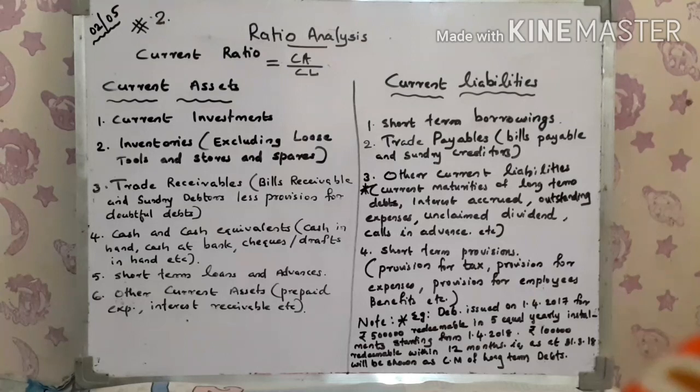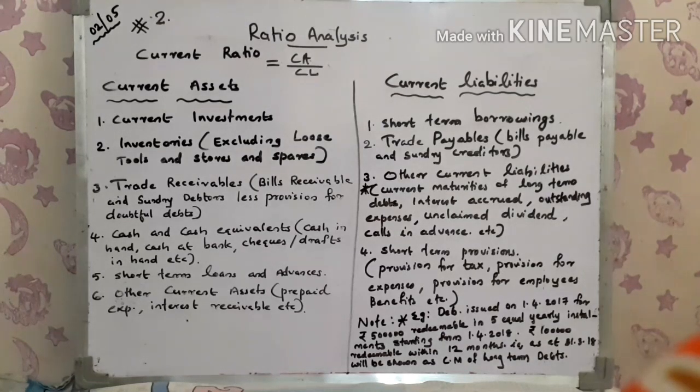Then classification. In current assets, the first item is current investments. Current investments means short-term marketable investments or securities. Second one is inventories. Inventories means stock, finished products or work in progress that you convert into cash, included under current assets, but excluding loose tools and stores and spares.